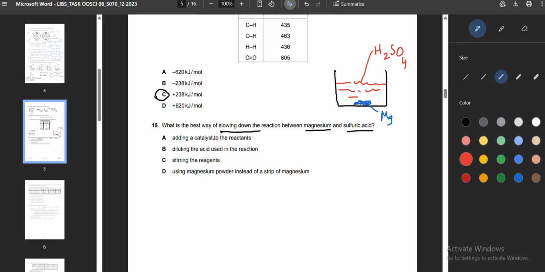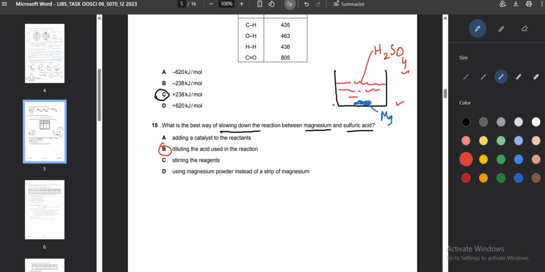By adding catalyst? Now catalyst speeds up the reaction. Option B is diluting the acid used in the reaction. Yes, that's the correct option, because if you dilute the acid, this reduces the concentration of the acid, which in turn lowers the frequency of successful collisions between sulfuric acid and magnesium. So a concentrated solution means more acid particles per unit volume.